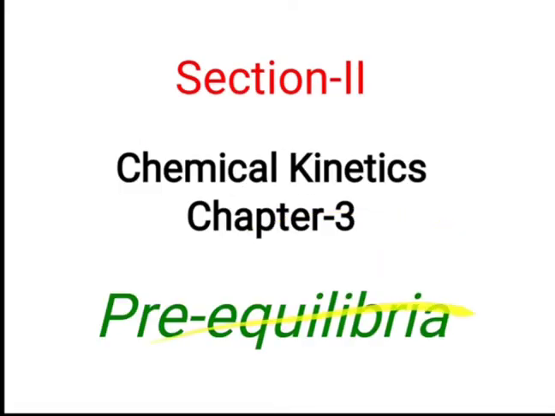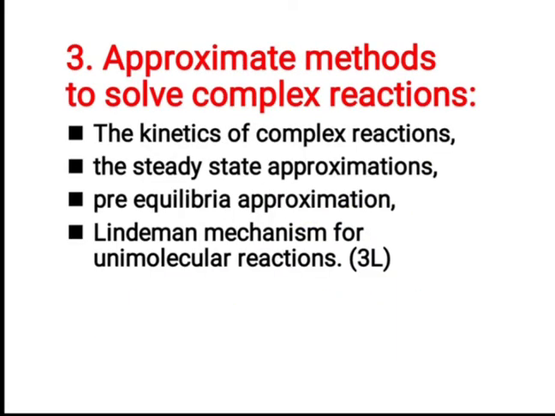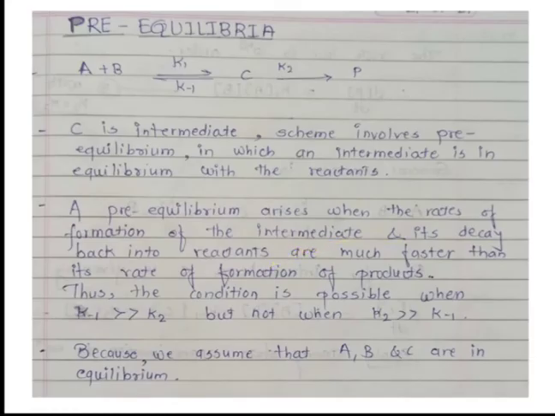So, today's topic is pre-equilibria. Consider a general reaction: A plus B, these are the reactants, gives C, which is the intermediate species, and C gives product P. In this reaction, the intermediate and the reactants A and B are in equilibrium, and the forward rate constant is K1 and the backward rate constant is K minus 1.